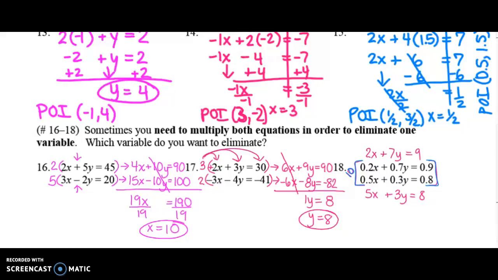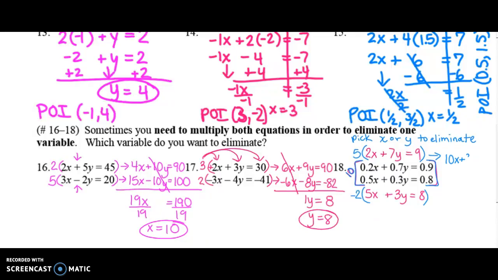Still can't eliminate anything because 2 and 5 are not opposites, nor are 7 and 3. So I've got to decide before I make my next move, do I want to eliminate the x or do I want to eliminate the y? So I've got to make a choice and pick. Again, I'm considering the smaller numbers. 2 and 5 are smaller than 3 and 7.